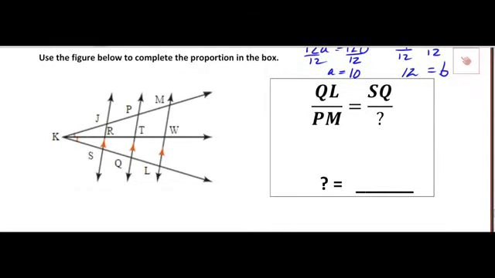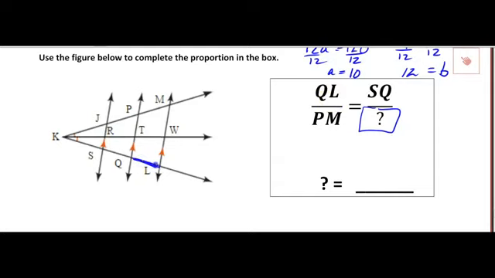Last example, we've got a figure, and we're doing some comparison. We want to set up two ratios corresponding to this proportion that has a missing part. So it says we're taking the side or the piece QL. QL is right here.